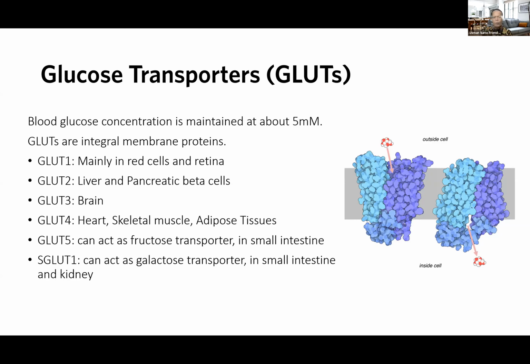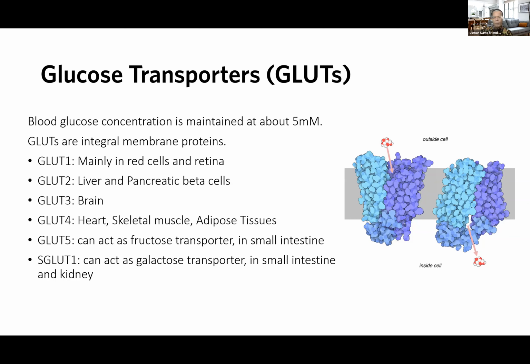And GLUT2 is in liver and pancreatic beta cells. GLUT3 is in brain, GLUT4 in heart, skeletal muscle, and adipose tissue.